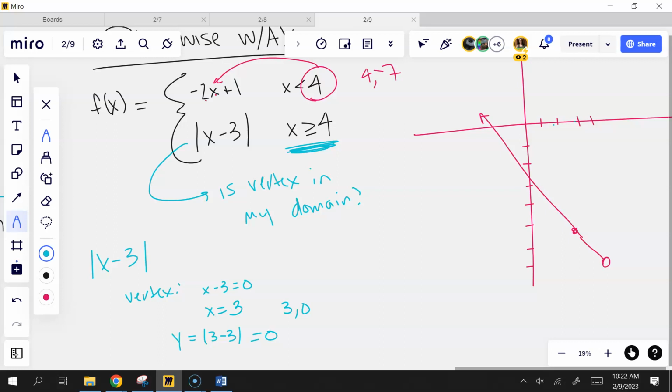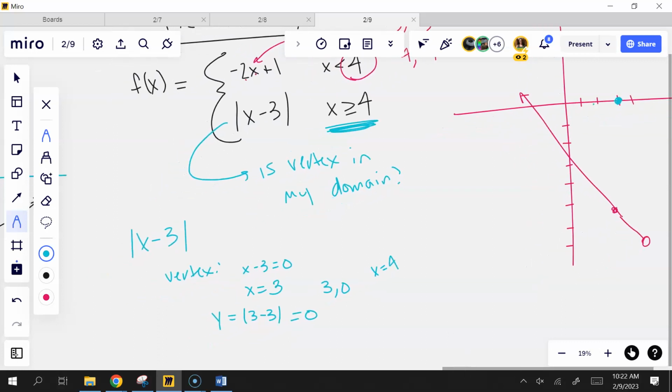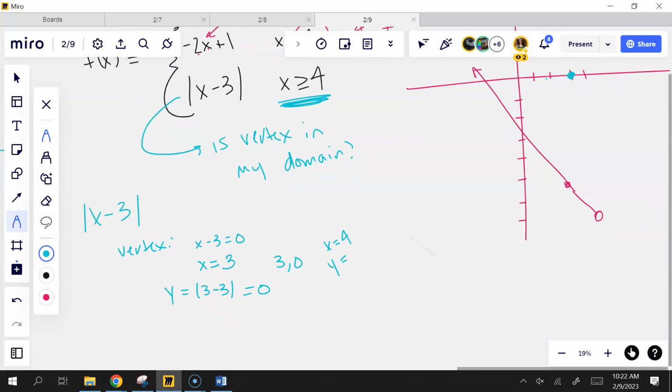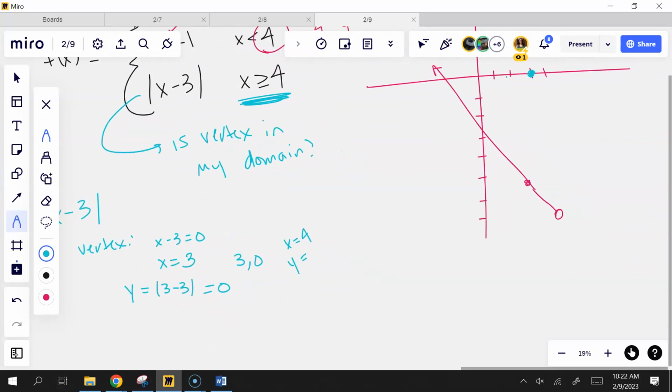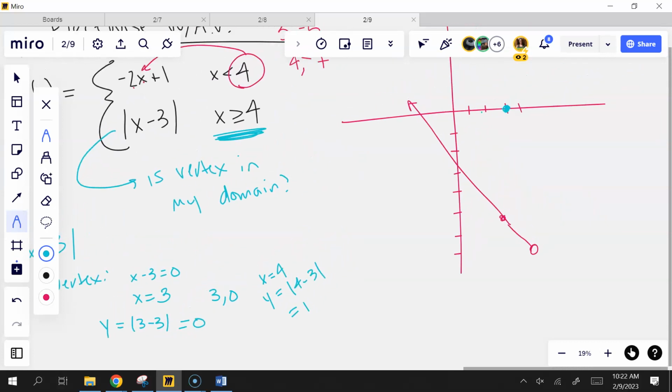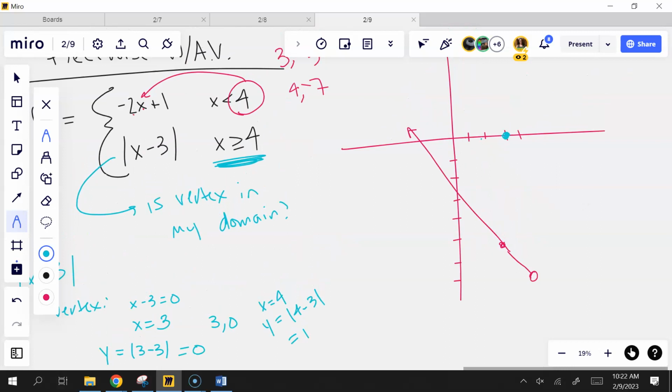That happens right here, right? And then if I pick another point, say 4, and plug that in, and right now I'm not worried about that restriction, I'm just trying to prove a point here to you. 4 minus 3, which is 1. So I have 4, 1.